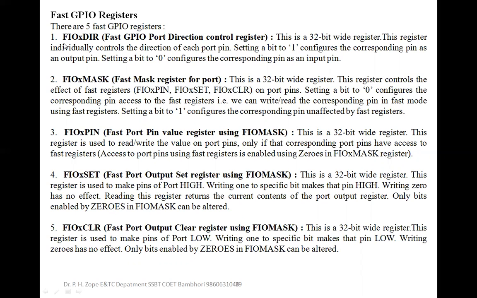If you look at the fast GPIO registers, the only change is that F is prefixed before IO dir, IO pin, IO set or IO clear. Only this will be seen. Now I am telling you one by one.